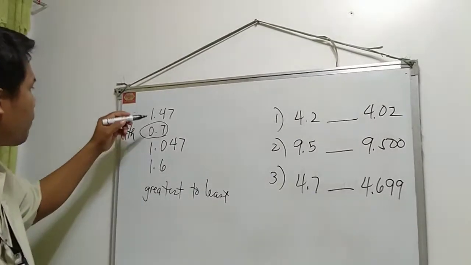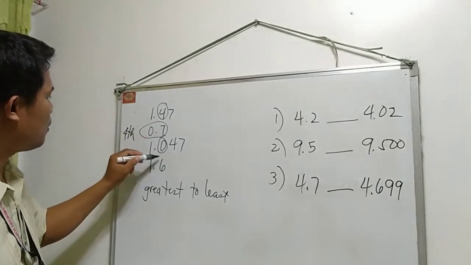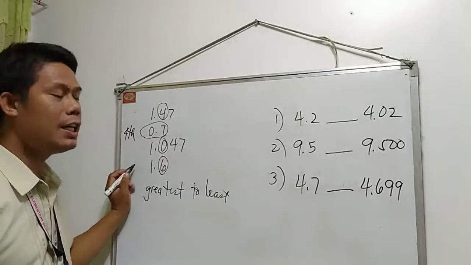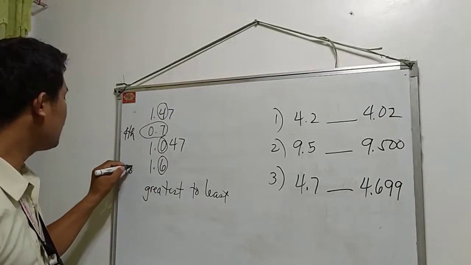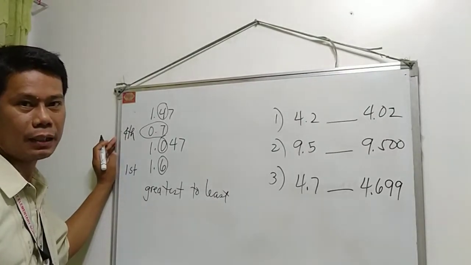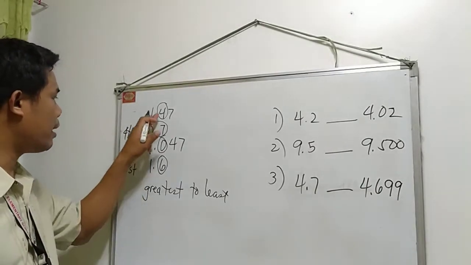Then, compare this to this to this. Sinong malaki? Yung 6. So, therefore, si 1 and 6 tenths ang pinakamalaki sa kanilang apat. Since 6 siya dito, the others is 0 and 4.